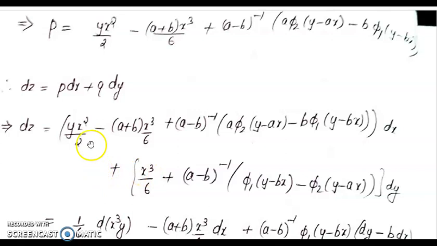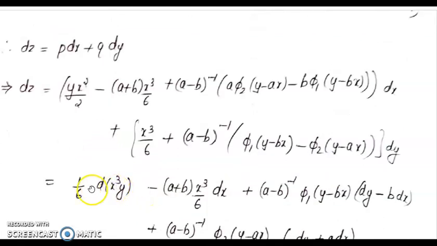ഇനി you can combine the terms yx square by 2 dx and x cube by 6 dy. So that will be 1 by 6 d of x cube y. ഇനി അതുപോലെ ഈ രണ്ടാമത്തെ ടേം a plus b x cube by 6 dx, that is integrable കാരണം dxന്റെ കൂടെ ഫംഗ്ഷൻ ഓഫ് x ആണ് വരുന്നത്. Now collect the coefficients of phi 1 and phi 2.